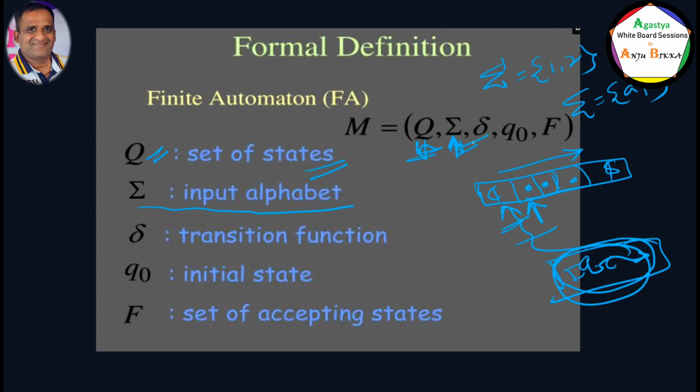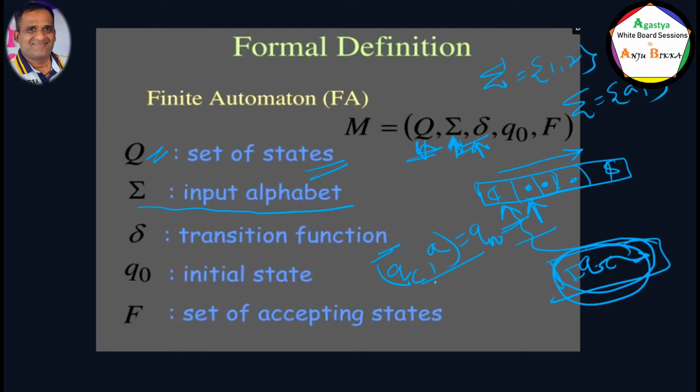And this is the Greek letter delta. This is the transition function. What is the transition function? When the finite control is in one state, that is called the current state, Qc, on reading one symbol at a time, it moves to another state, Qn.